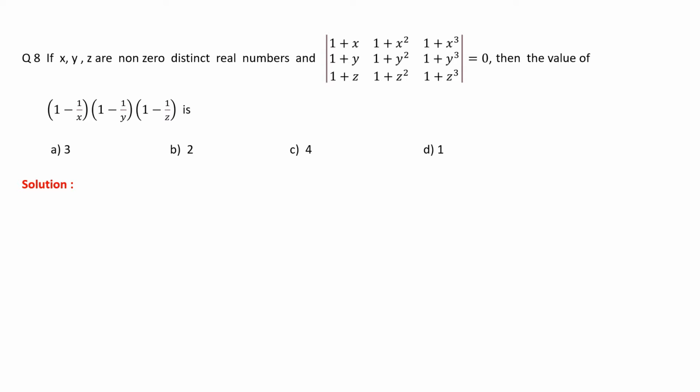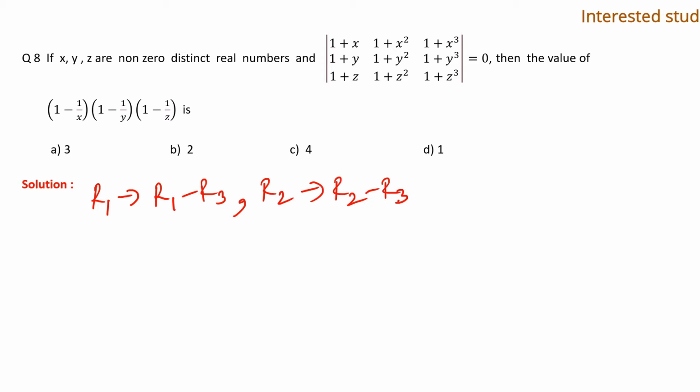Now, just by looking at the entries in the determinant, we can analyze that we must perform the operations R1 tends to R1 minus R3 and at the same time R2 tends to R2 minus R3. Now with the help of these two operations, we'll be getting the determinant as 1 plus x minus 1 minus z, that is x minus z over here.